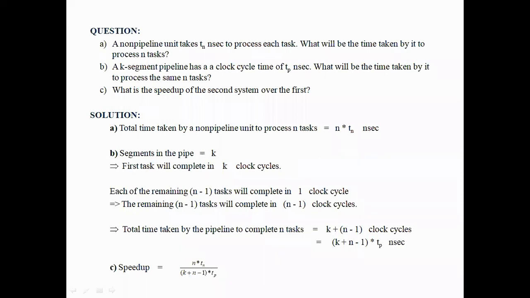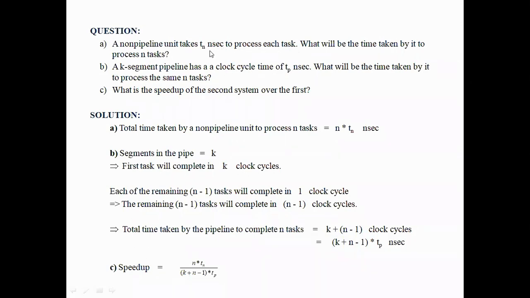Let us take up a numerical problem. The question says that if we have a non-pipeline unit, a traditional processor with non-pipeline processing, it takes Tn nanoseconds to process each task.